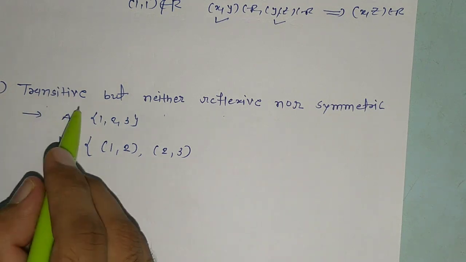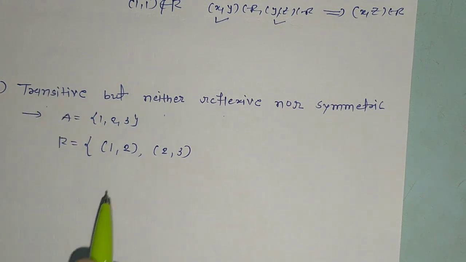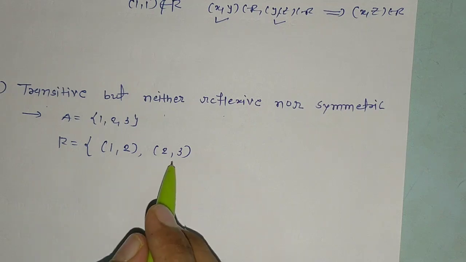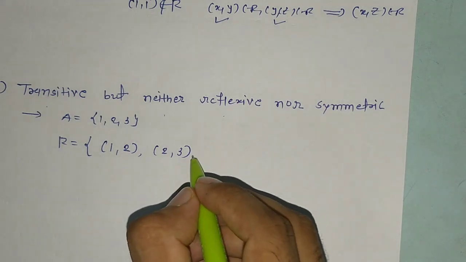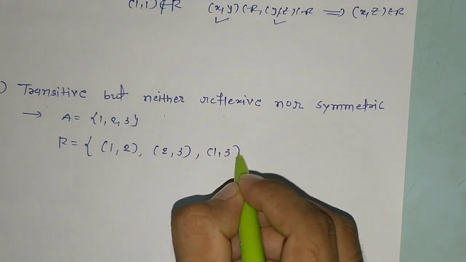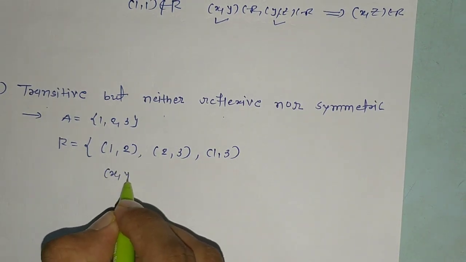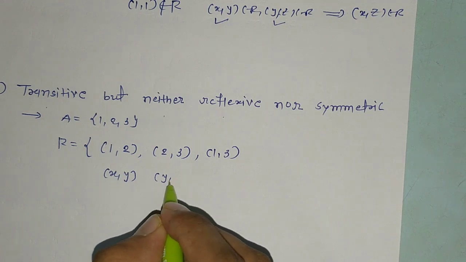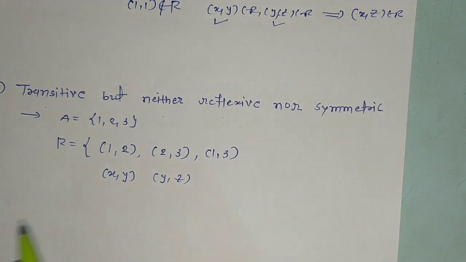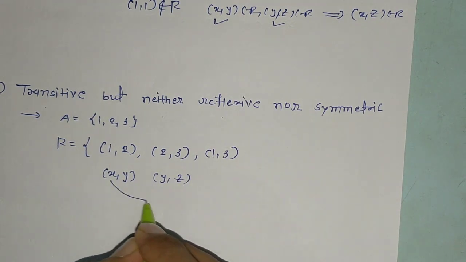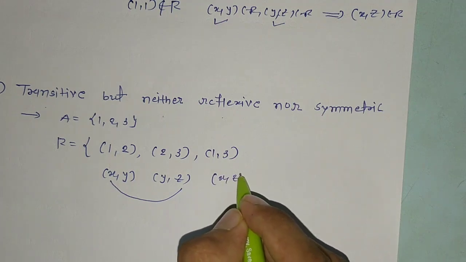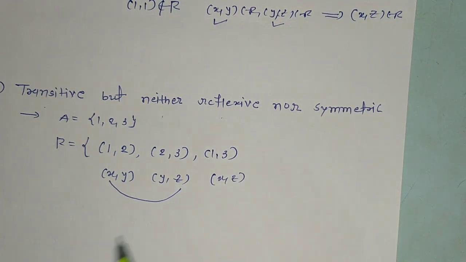According to the definition of transitivity, I must have two pairs such that the third pair is in the relation. See, (1, 2) is my (x, y) pair, (2, 3) is my (y, z) pair, and (1, 3) is the (x, z) pair. So this relation is transitive.